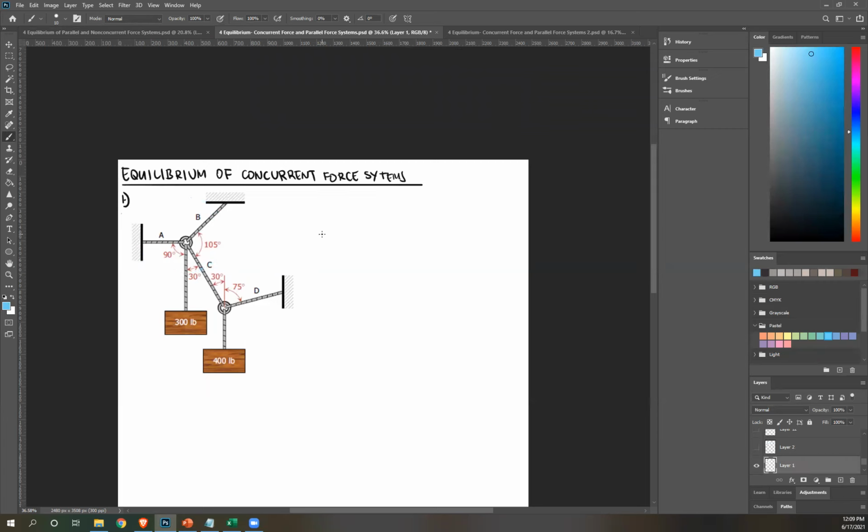You can just draw a dot, right? And then draw what you see. Let's call this your force C. We have a force A over here, right? We have this weight. Weight is always downwards. So that's 300.